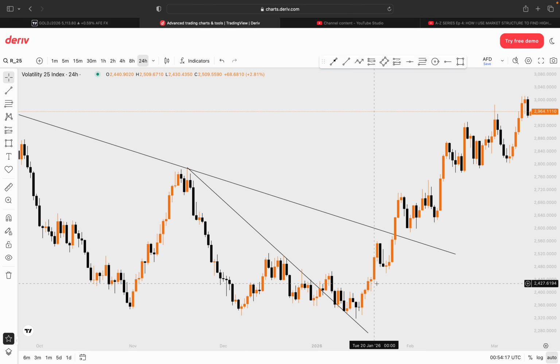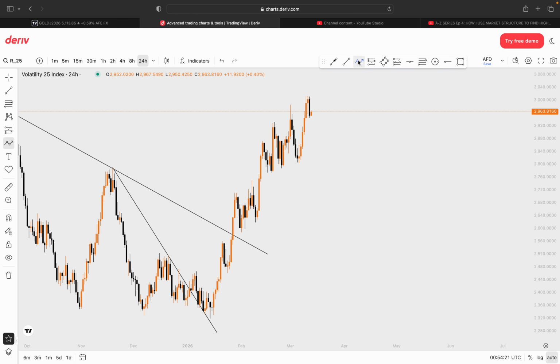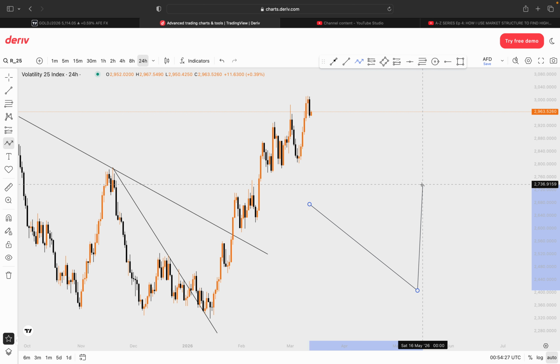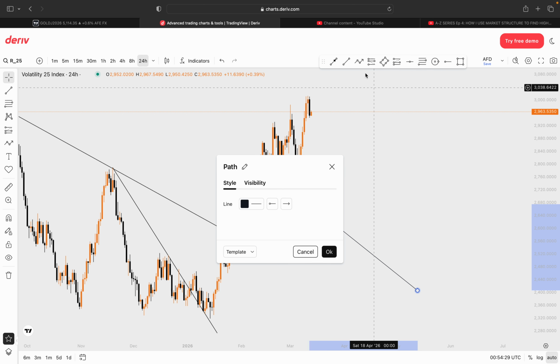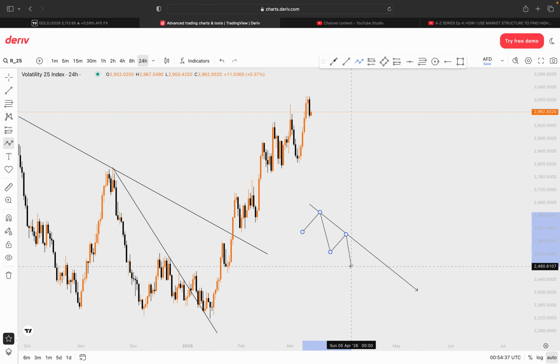For instance, this is maybe a downtrend, and then we saw the market coming down, going higher lows, lower lows, higher lows, lower lows, higher lows, lower lows.